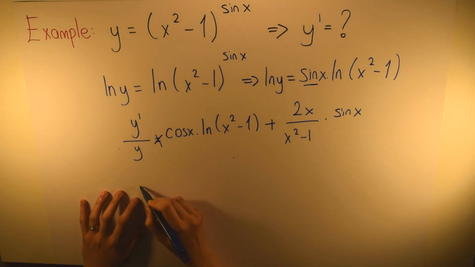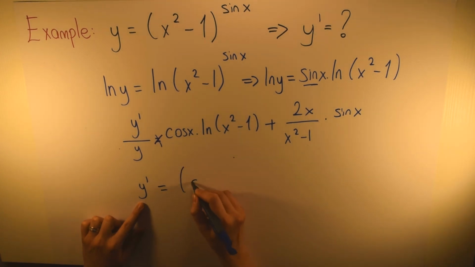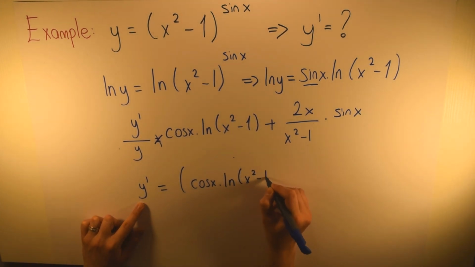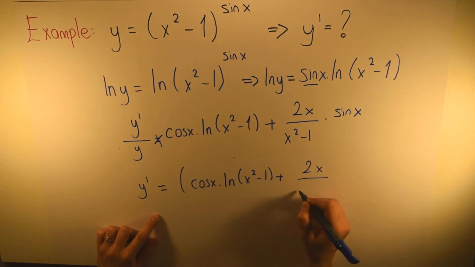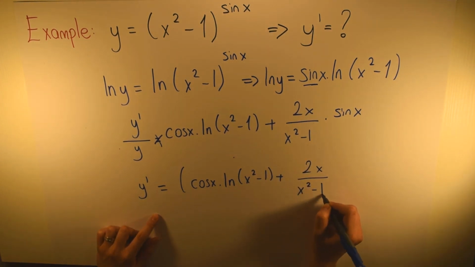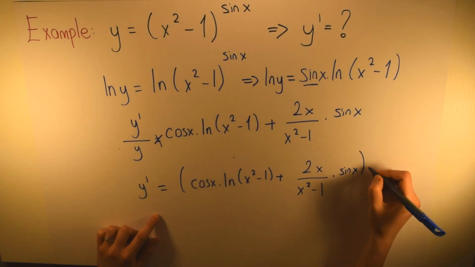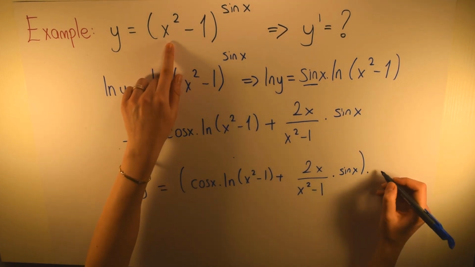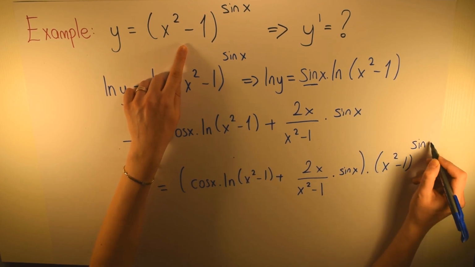From here we will get the derivative of y as cosine x times natural logarithm of x squared minus 1 plus 2x over x squared minus 1 times sine x, and we should multiply by y, which is equal to x squared minus 1 to the power of sine x.